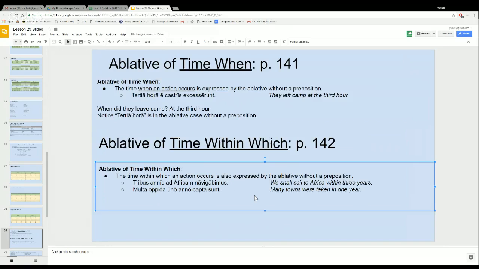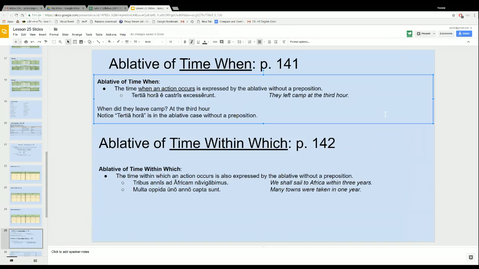Well, the difference is when you go to translate it over here. If we tried to translate this as time within which, what would we come up with? They left the camp within the third hour.